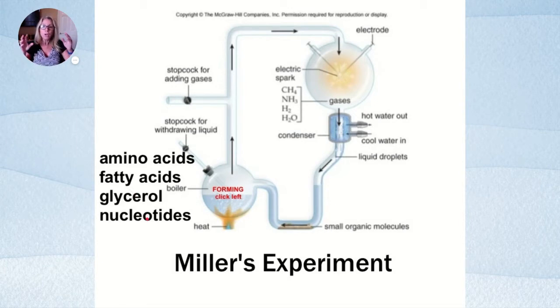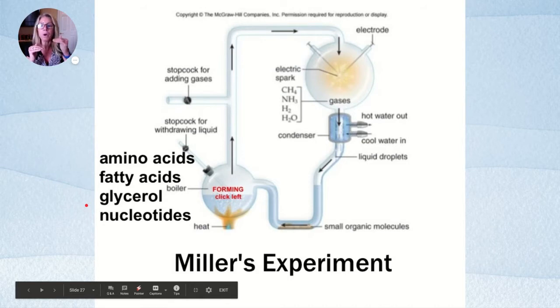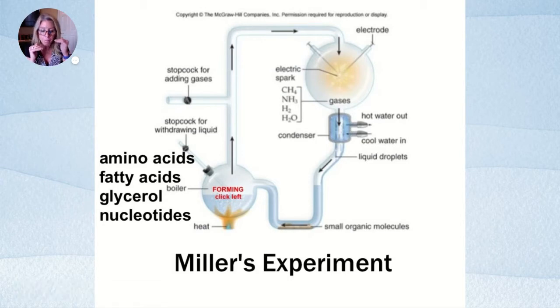So remember, the Earth is billions of years old, and it took about 1 billion years before you have any fossilized life form. And yet within less than 2 weeks, he was able to go from step 1 to step 2, where you get just organic molecules.